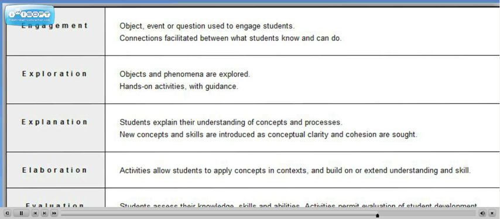To enrich the educational experience, students extend their thinking. The purpose for the elaboration stage is to allow students to use their knowledge and continue to explore its implications. Finally, evaluation plays a critical role. The purpose for the evaluation stage is for both students and teachers to determine how much learning and understanding has taken place.